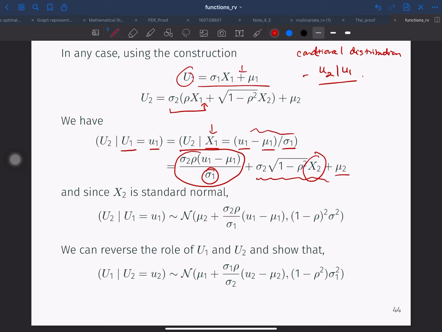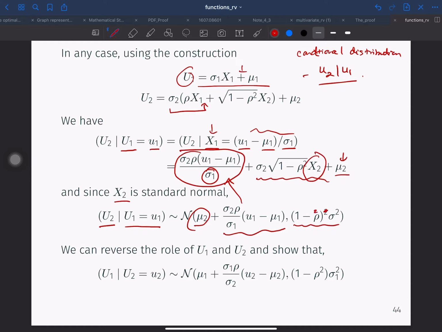In that case, because x2 is standard normal, it has mean 0 and variance 1. So therefore, the distribution of u2 conditioned on u1 equal to little u1 is just mu2 plus this term which depends on little x1. And then the variance is still 1 minus rho squared times sigma squared.